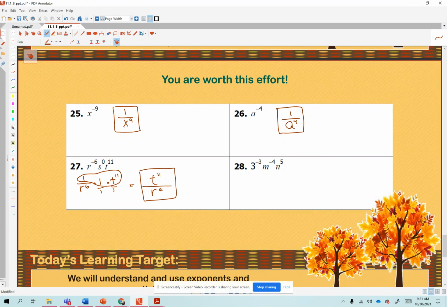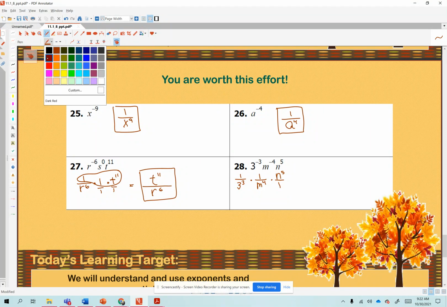Let's see if you can do this last one. We have 3 to the negative third, which we will write as 1 over 3 to the third, times m to the negative fourth, that's 1 over m to the fourth, times n to the fifth, and we can always put a denominator of 1.